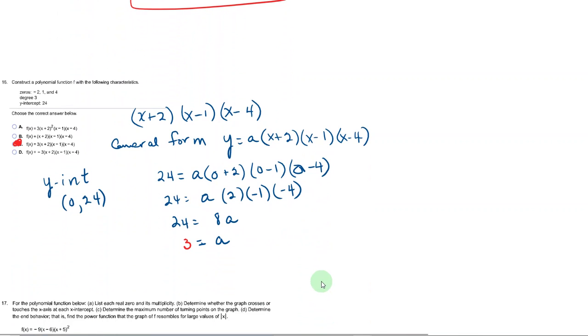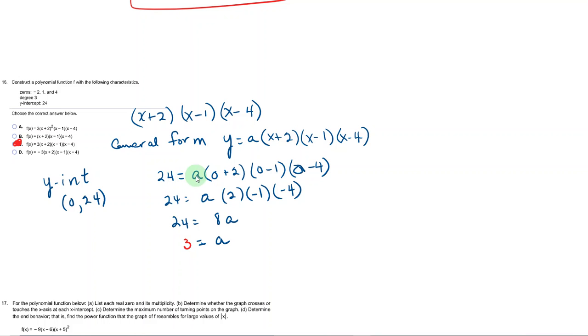16 would be the same way. You're given the zeros, you know it is a degree 3. We do not necessarily know about the number here, but we do know that the y-intercept is 24. So once we have this written, at 24, your x values are 0.